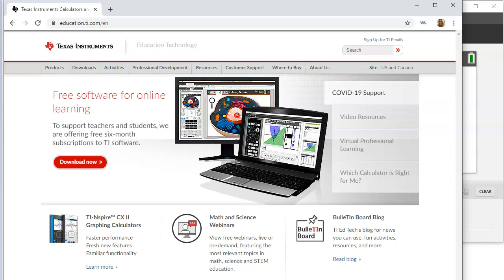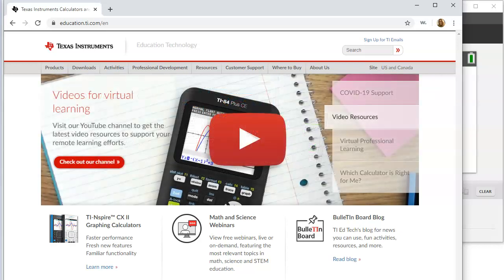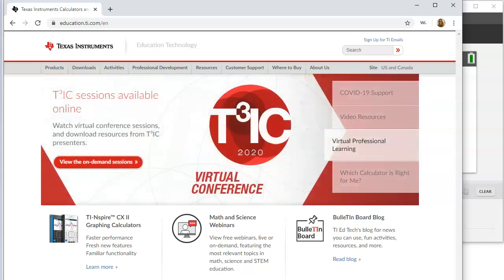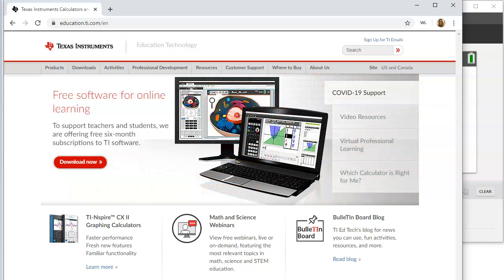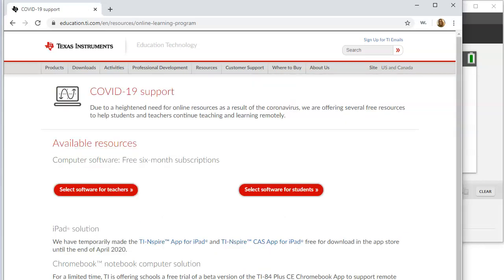And because they know that a lot of people are in a bad situation where they don't have access to a graphing calculator, they are offering a 6-month free trial of the software. So if you click on that first link that pops up, it was COVID-19 support, you can click download now, and you can select software either for teachers or for students.